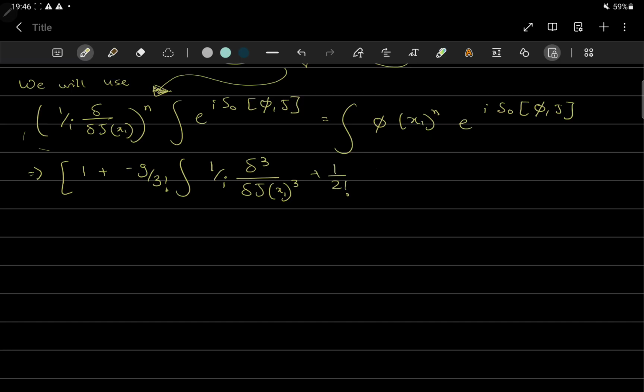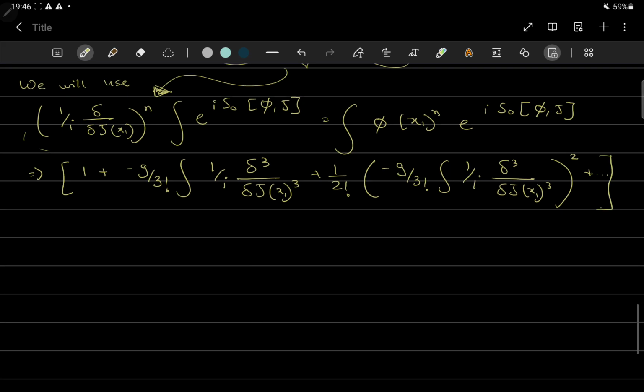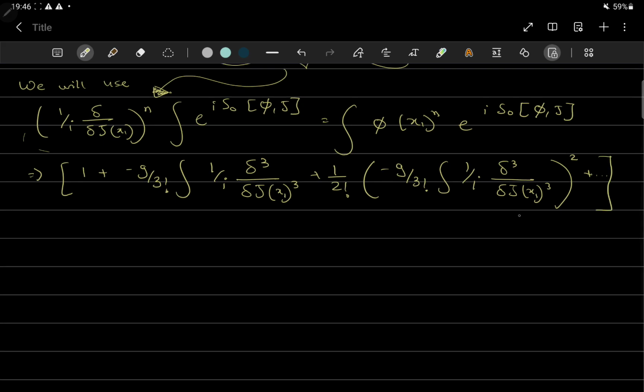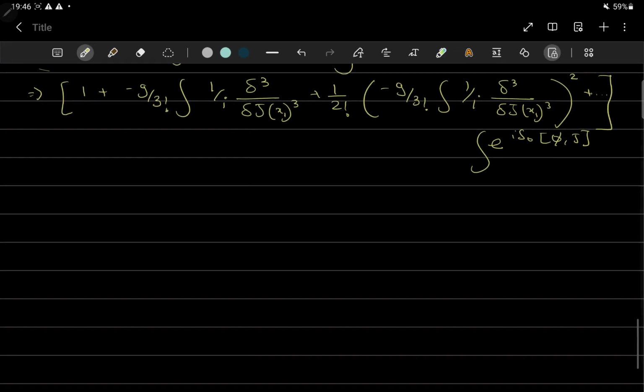Expand the terms accordingly: this whole thing squared and so on, multiplied with the exponential, in the integration of the exponential of the free term, which is given as follows.